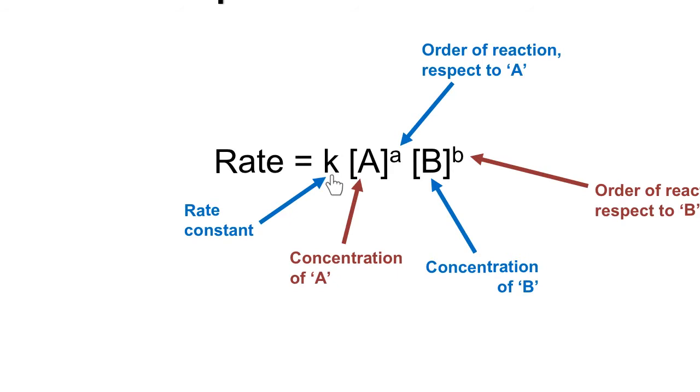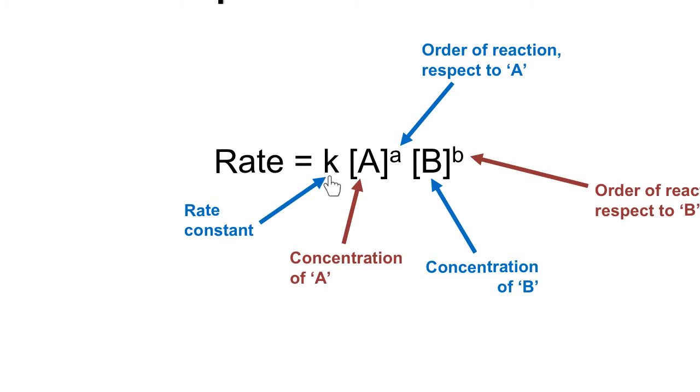Now we know this constant remains constant, but what we are going to look at through the Arrhenius equation is that it remains constant only at constant temperature. So when you change the temperature, the k, which is the rate constant, does change as well. So other factors can actually affect the rate constant.